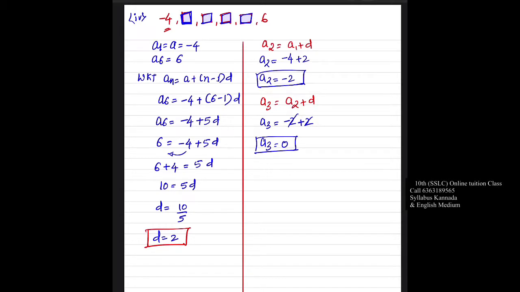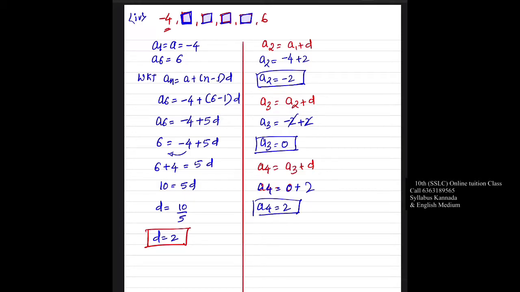So similarly a4 is equals to a3 plus d. a3 is 0, common difference is 2. So a4 is equals to 2.